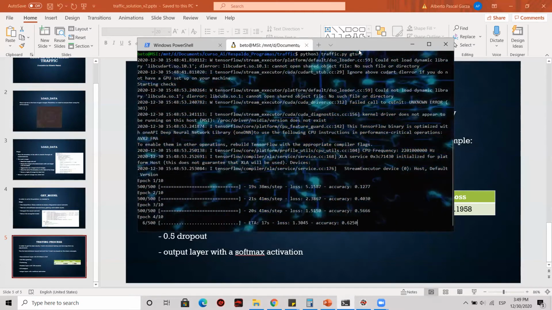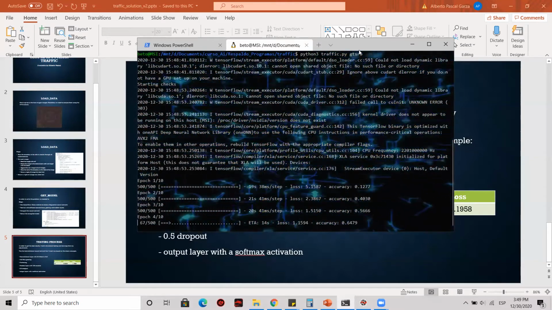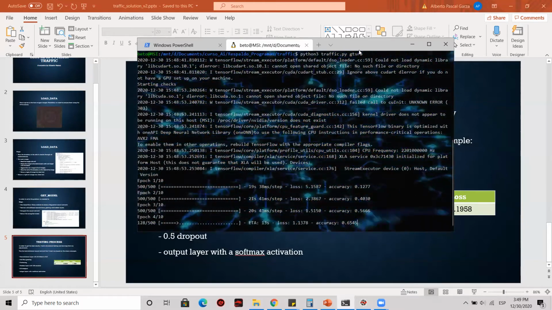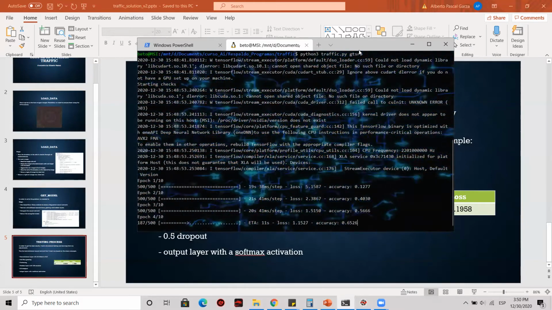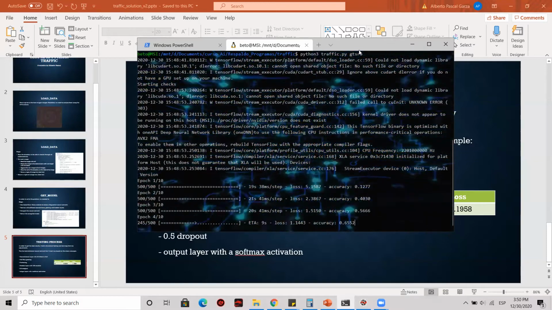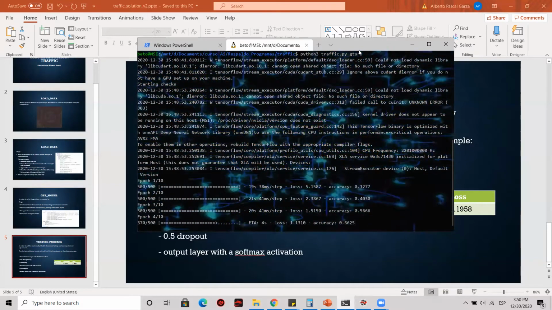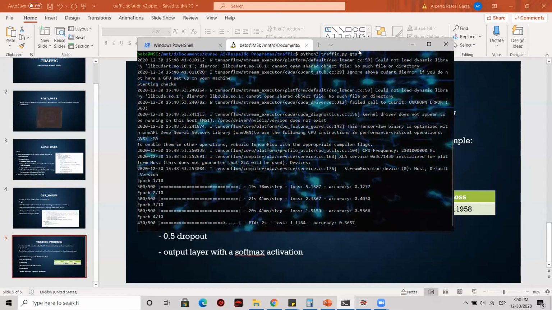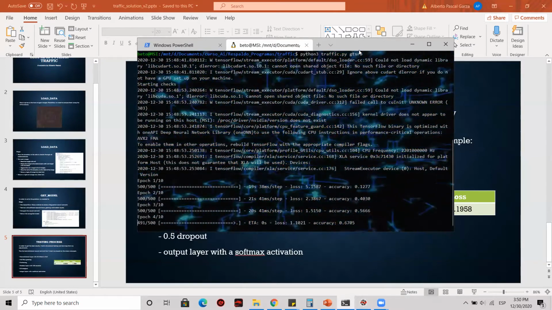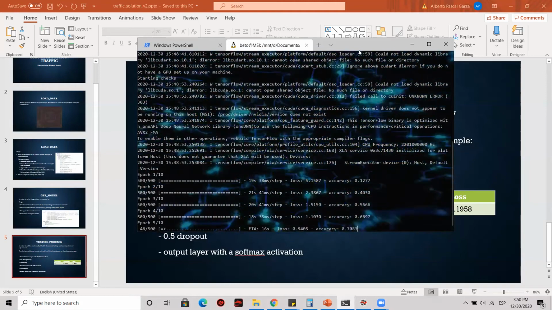I played around with a third convolutional layer, which also made my accuracy much, much worse, going from around 90% to only 5%. And I think this was mostly due to the fact that I had too many limitations on my pixels.